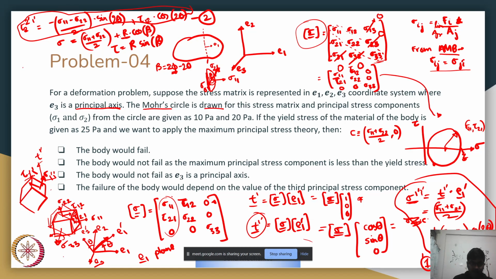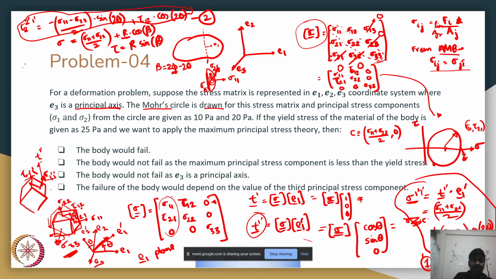So what I mean by this is, once I have this condition that E3 is a principal axis, for any rotational transformation by some angle theta with respect to E1 or E2, I am directly able to obtain the normal stress and the shear stress on that plane.